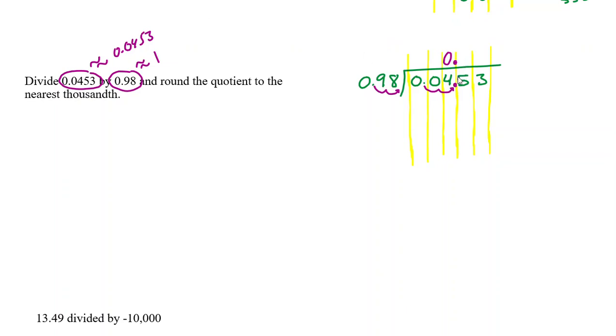And then I'm going to say 45. 98 goes into 45 0 times as well. But 98 goes into 453 several times. I would say 4 times. Right? 98 is close to 100. 453 is more than 400. So 4 times. I'm going to take my 98 and multiply it by 4 off to the side.